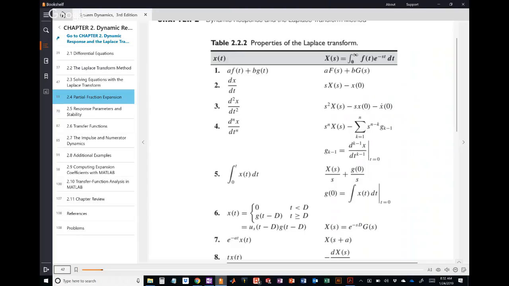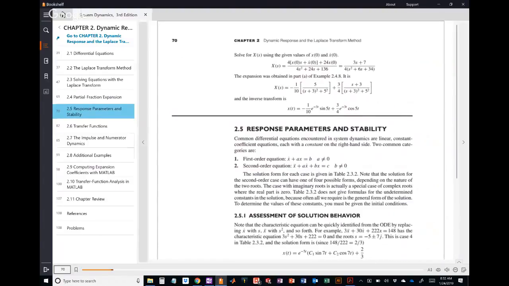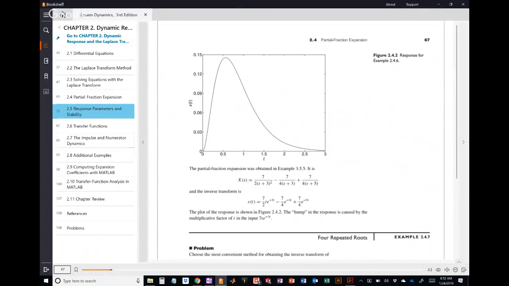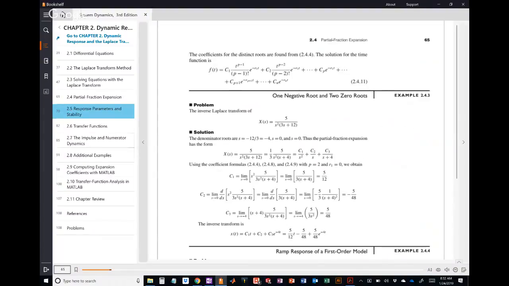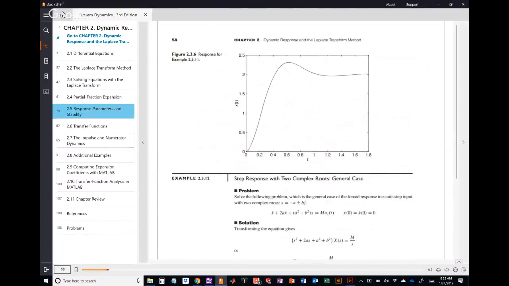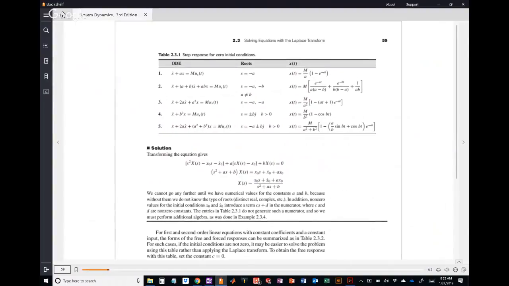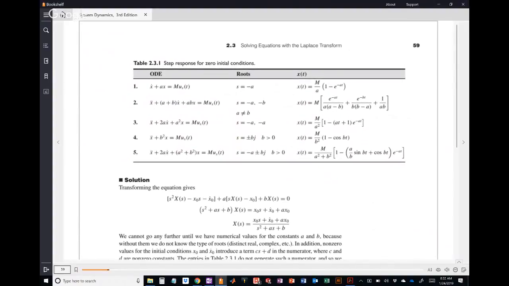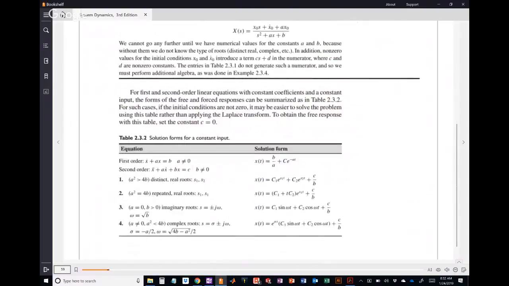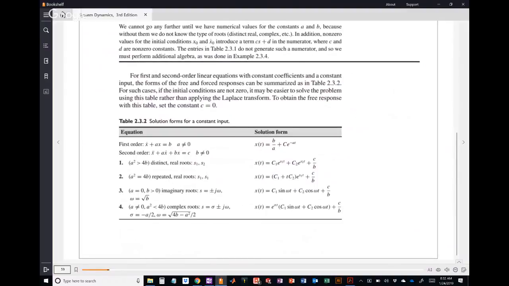Now, there's a table that we haven't used very much since the last exam, and that was this. This was a special thing for zero initial conditions. We liked that because we didn't have to go through the solution method down here, where we put in this form and then use the initial conditions to solve for these coefficients.